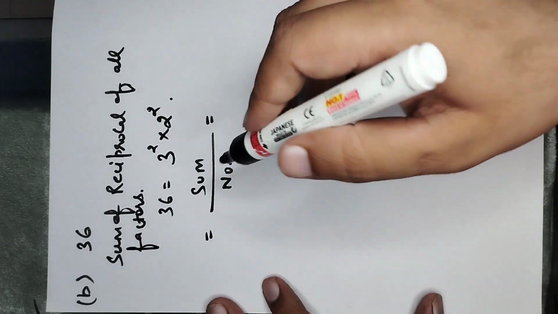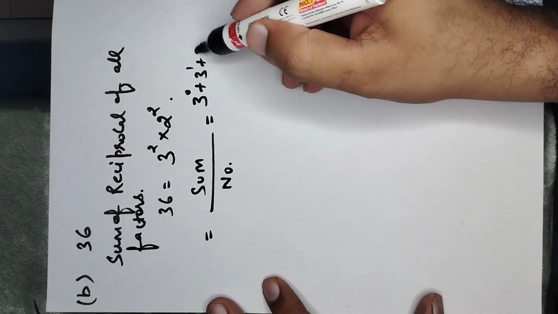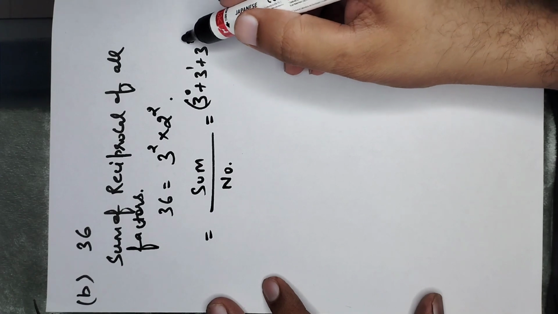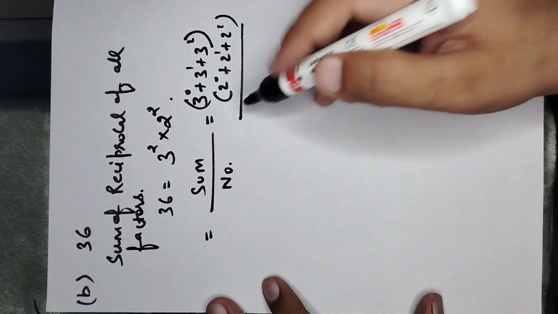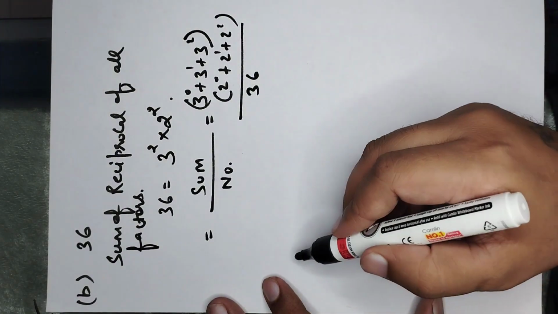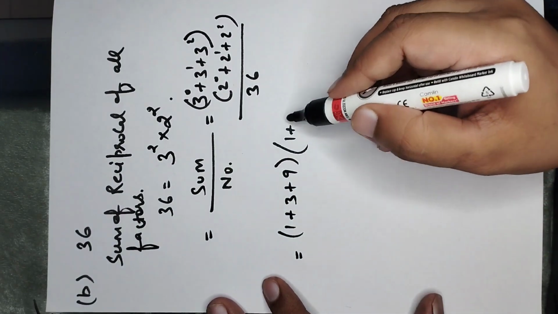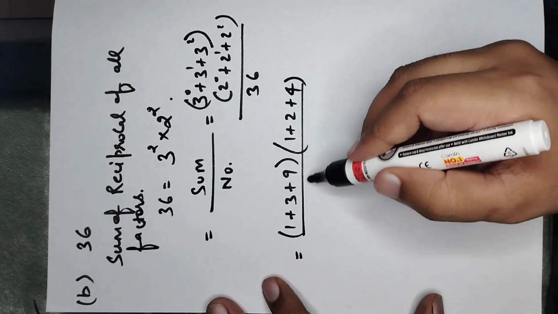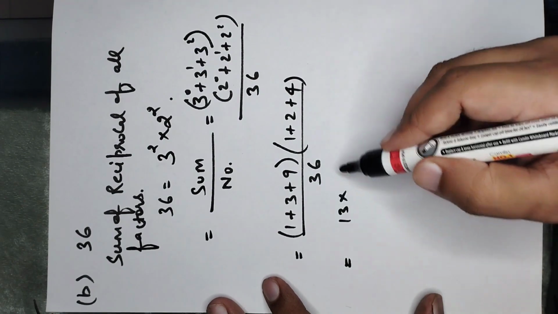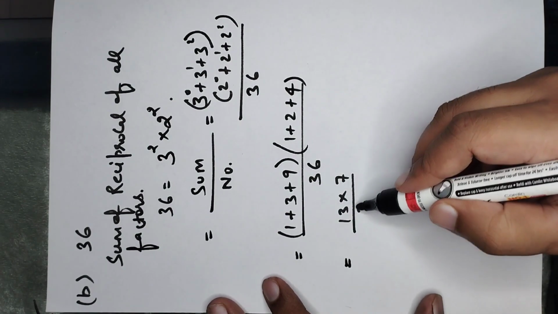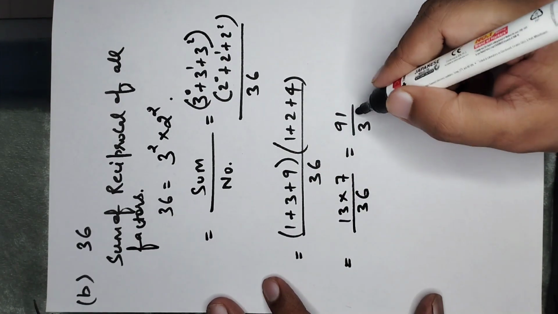Now what will be the sum? I can write this by expanding the powers, so we can say the answer is 91 divided by 36.